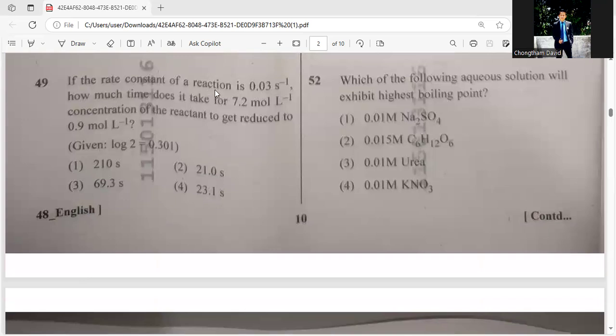If the rate constant of a first order reaction is 0.03 second inverse, how much time does it require for 7.2 molarity concentration to get reduced to 0.9 molarity per liter? To answer this question, we need to do some calculation by using the first order reaction.